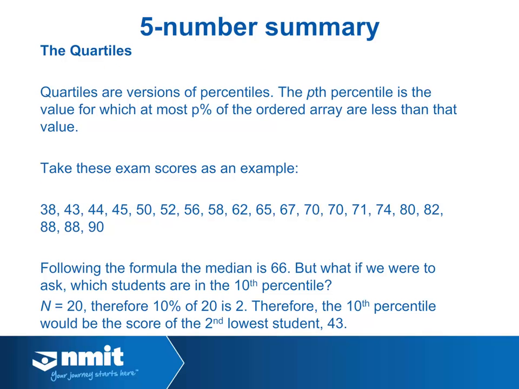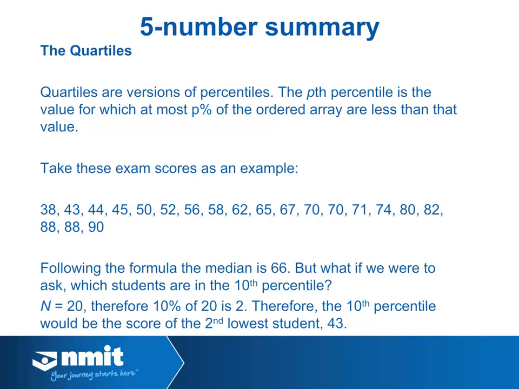Quartiles are just versions of percentiles, and the percentile is a value, as I said before, which is a percentage of a distance along an ordered array of numbers. So the 50th percentile would be 50% of the way along the ordered array of numbers.